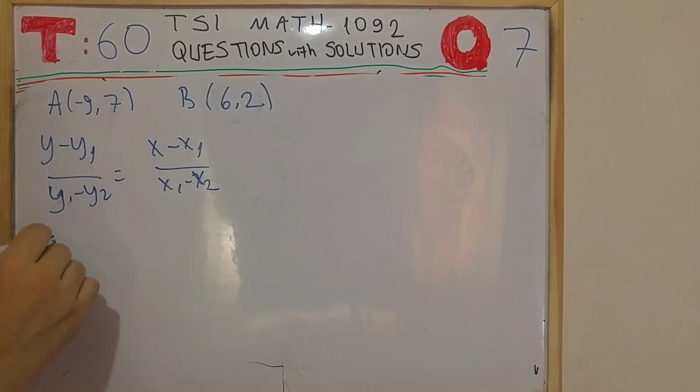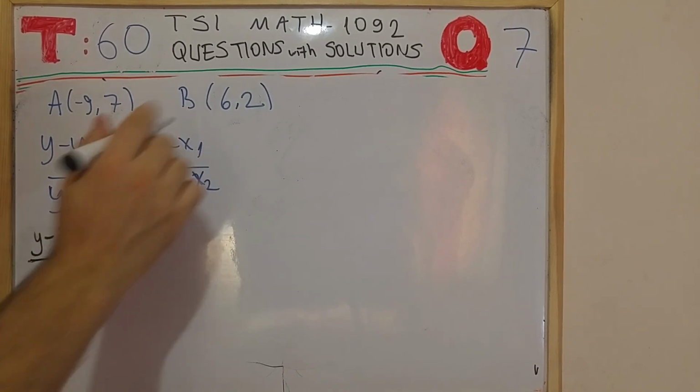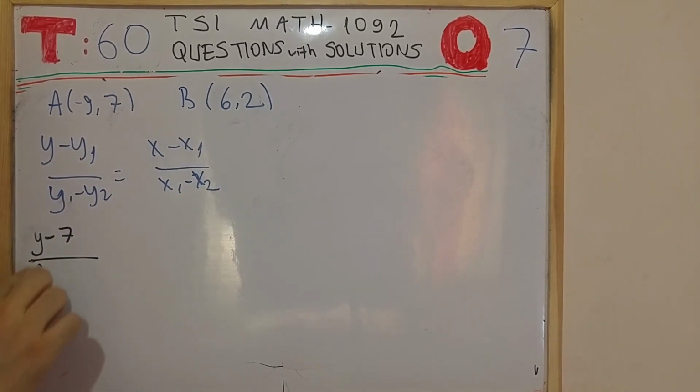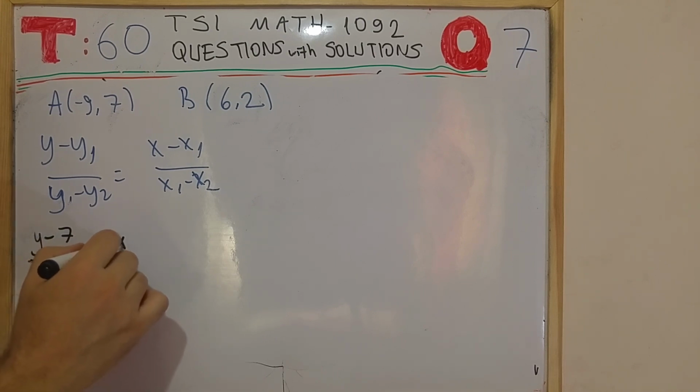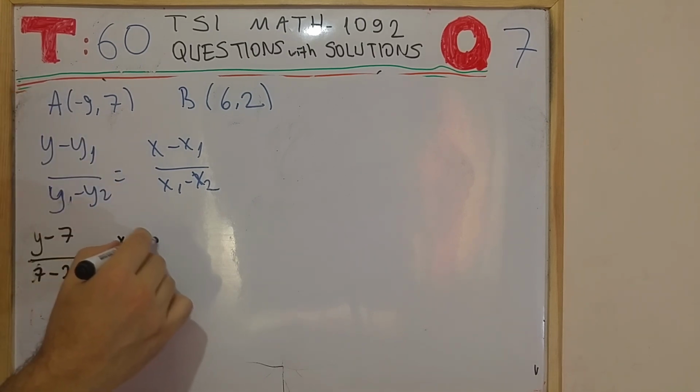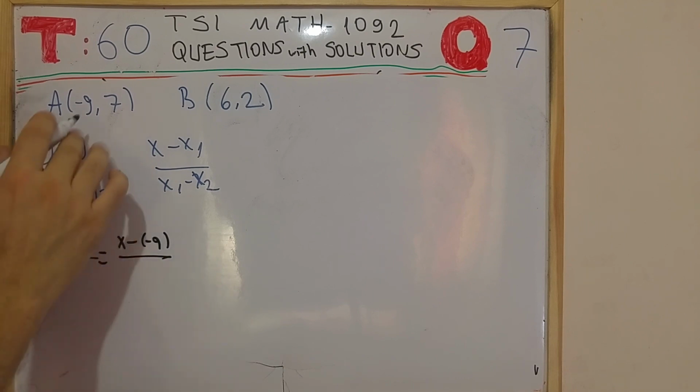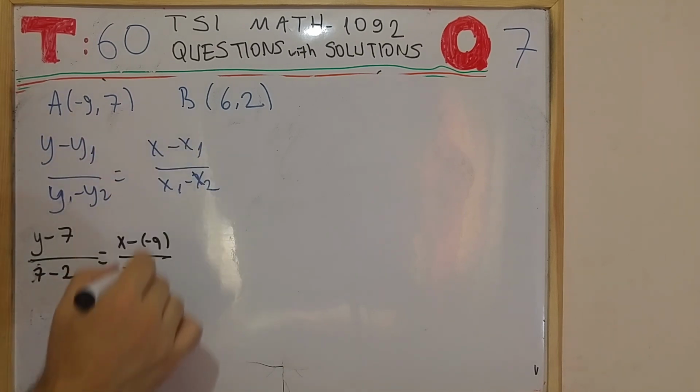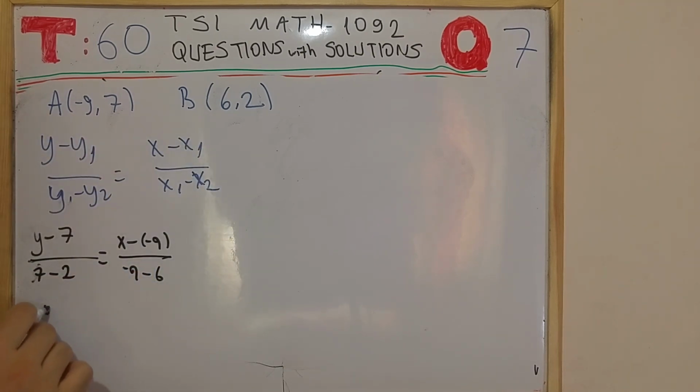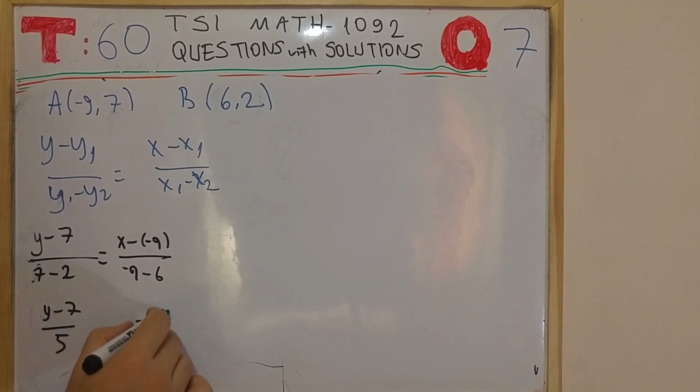(y minus 7) over (7 minus 2) is equal to (x minus 9) over (minus 9 minus 6). So (y minus 7) over 5 is equal to (x plus 9) over minus 15.